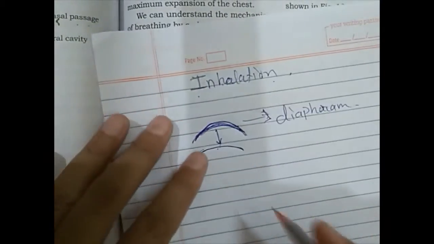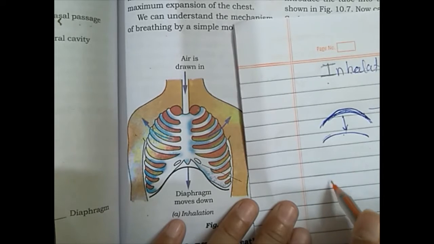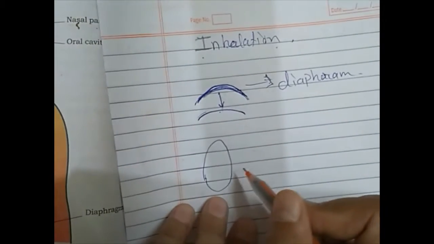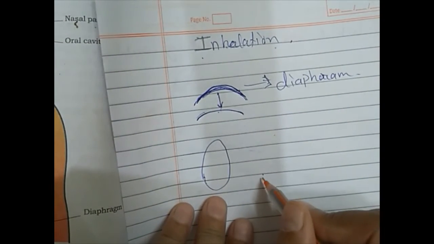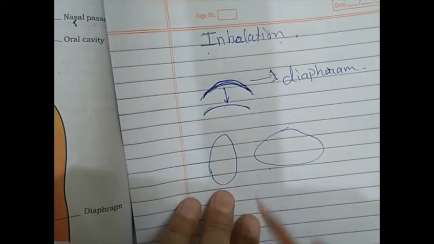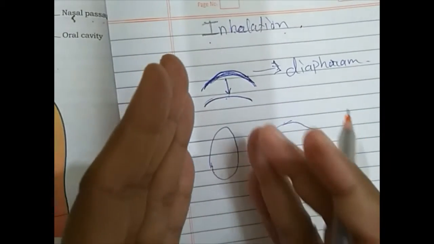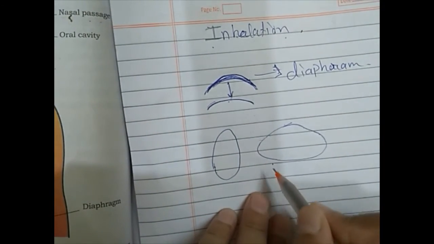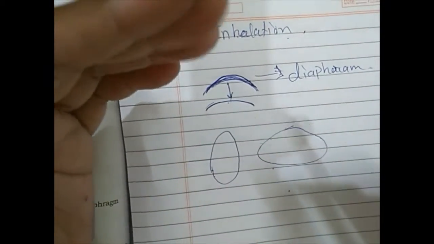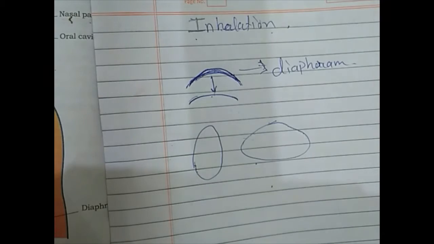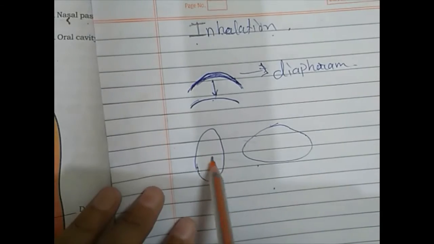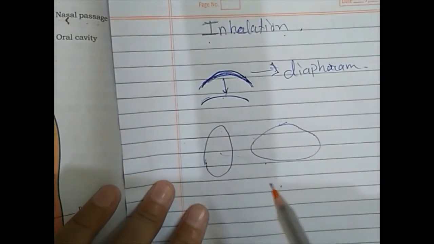And what happens at the same time? The chest cavity, suppose initially it was like that, will become like this, more wider or more broad in size. It is not actually like that, there is a very small difference in size, but I am telling you for understanding.